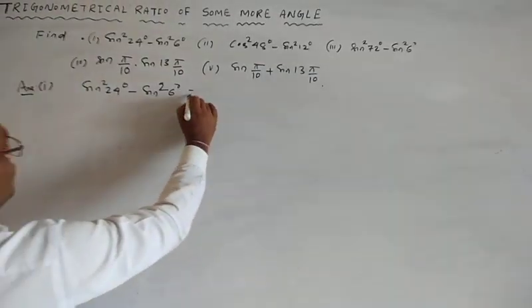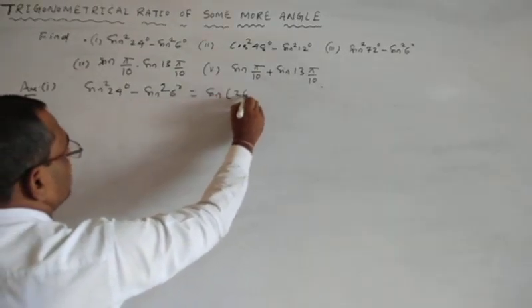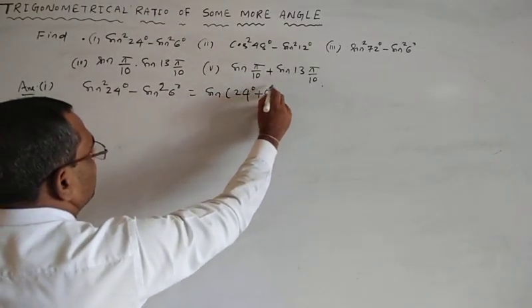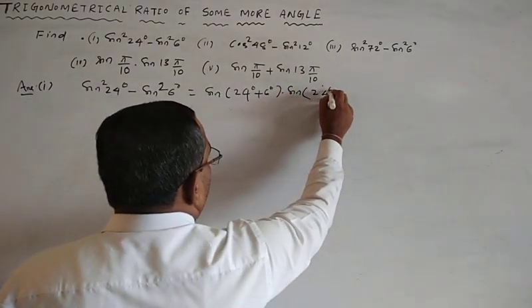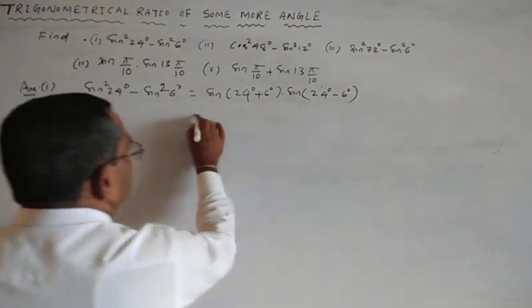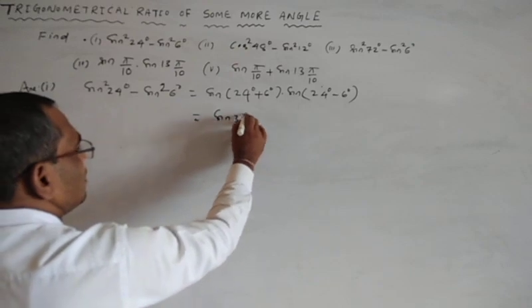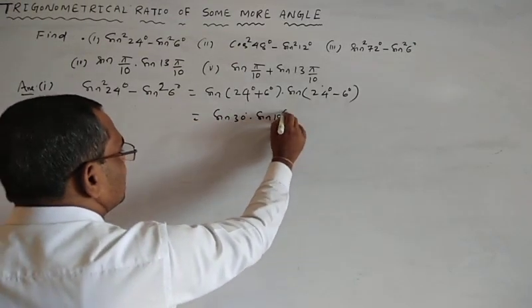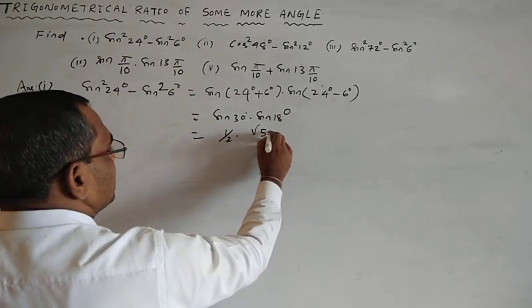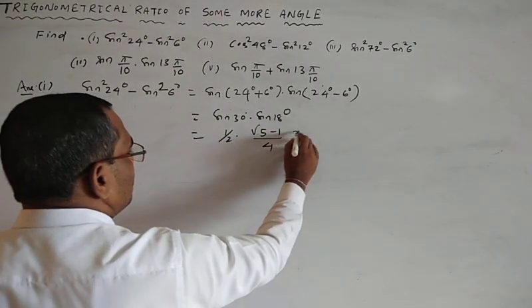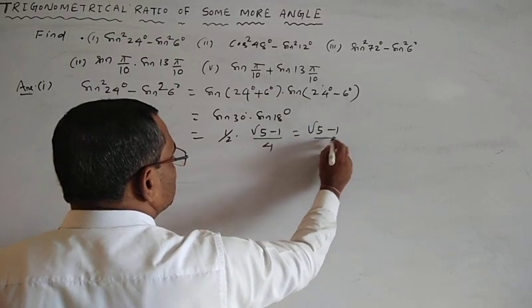So this is equal to sin(24 plus 6) degree into sin(24 minus 6) degree, which is sin 30 degree into sin 18 degree. Sin 30 degree is 1 by 2 and sin 18 degree is root 5 minus 1 by 4. So this is root 5 minus 1 by 8.